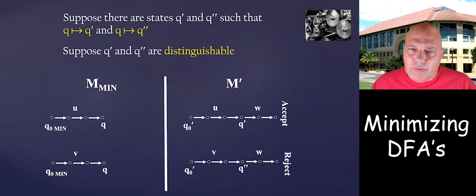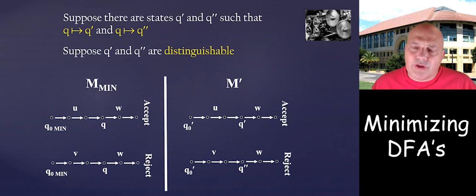Now let's remember that M min and M prime are equivalent. They accept the same language. What does it mean? It means that uw also reaches accept on M min and vw also reaches reject on M min.